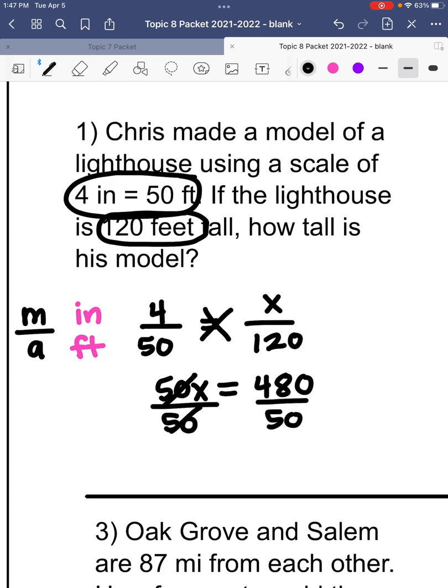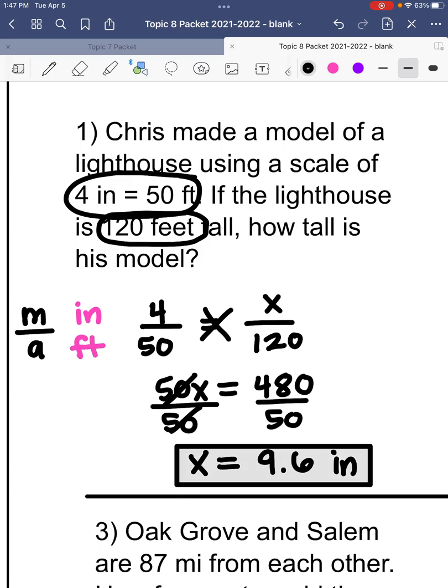My 50s cancel out. X is by itself. And 480 divided by 50, if you put that into your calculator, you're going to get 9.6. 9.6 what? 9.6 inches. So that's how tall Chris's model of this lighthouse is, 9.6 inches tall.